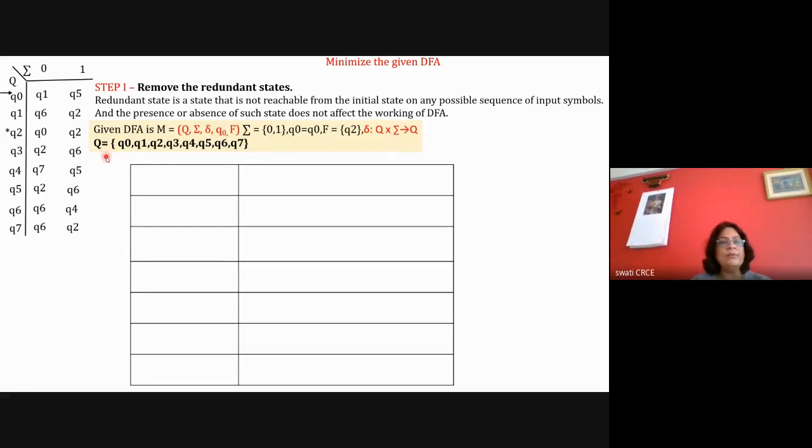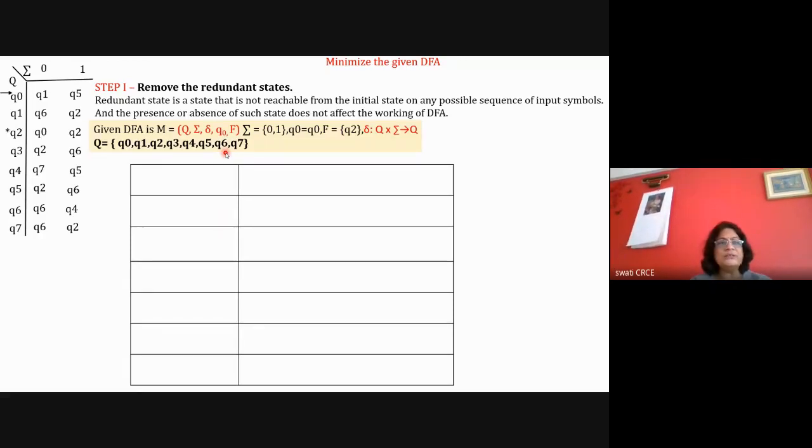And capital Q means all these states which are given here, Q0 to Q7. So I have written down the definition of DFA. By this time I think you have memorized this definition, and there is no problem in remembering it.